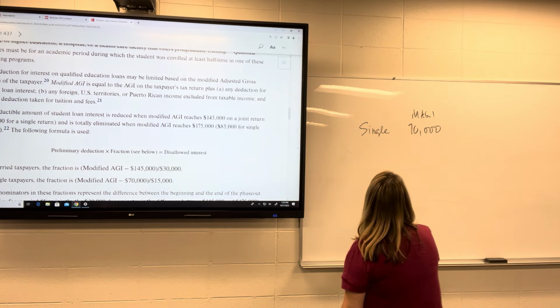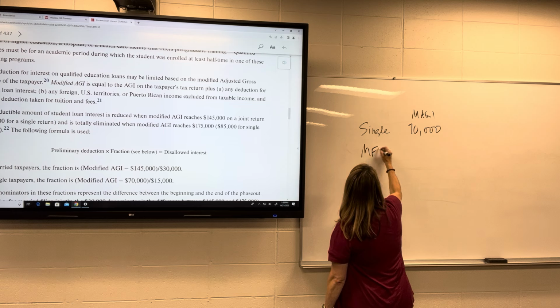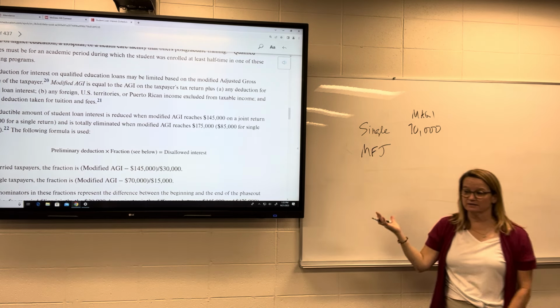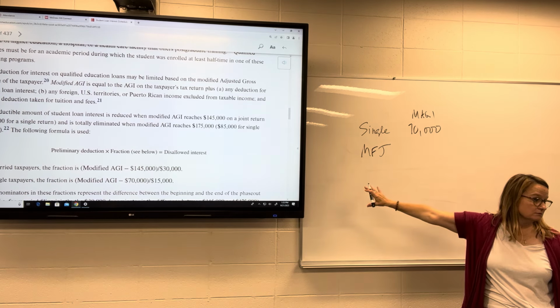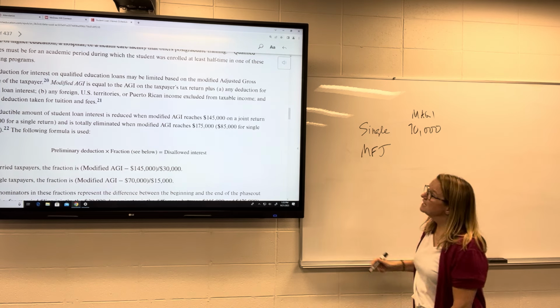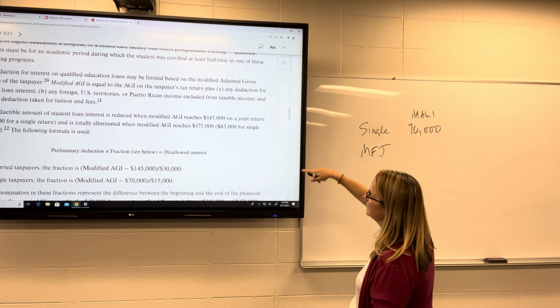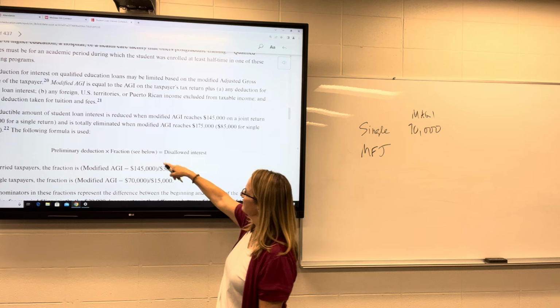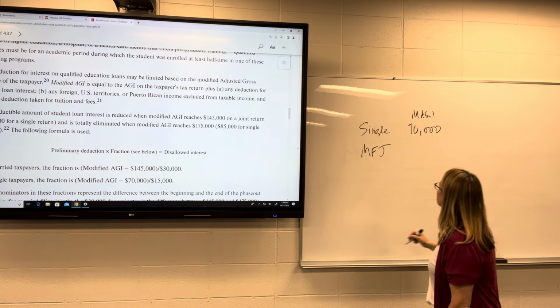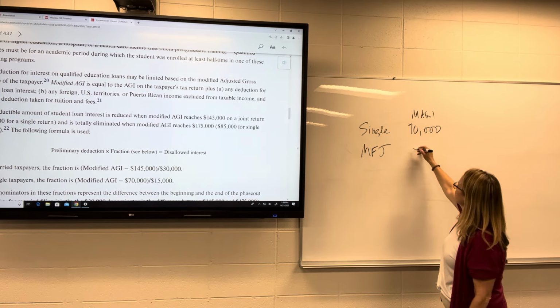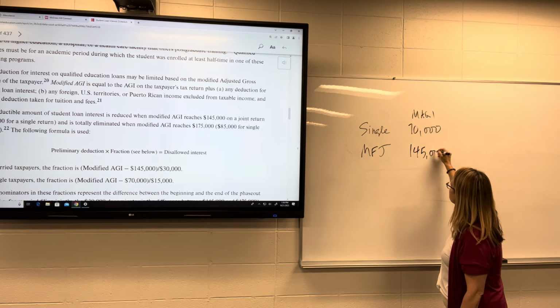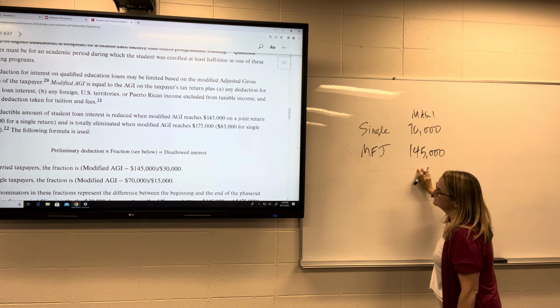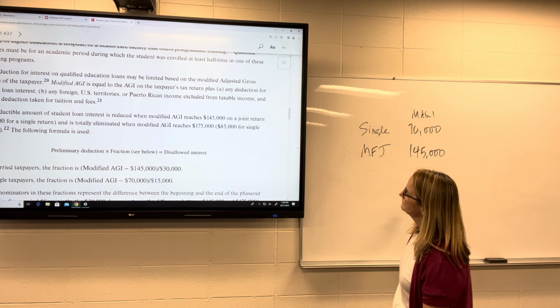For married, and remember, married filing separately doesn't matter because they don't get this deduction at all. This would just be married, everybody else would be counted as the single amount. So for married filing jointly, it starts at $145,000. This is where our phase out range starts.